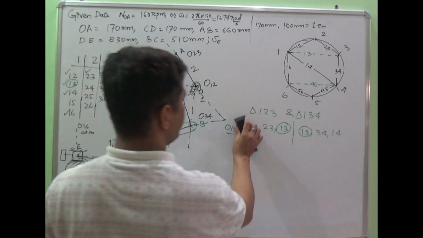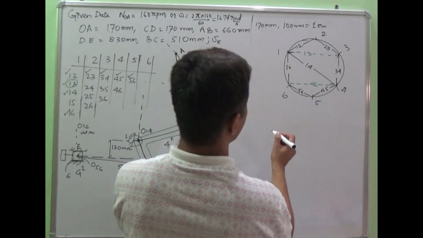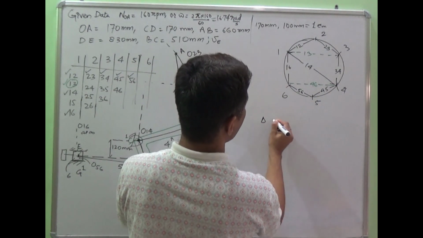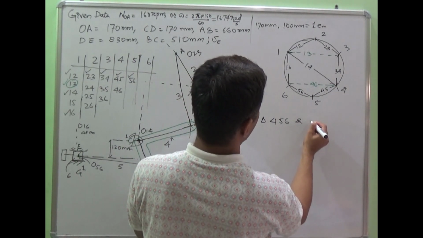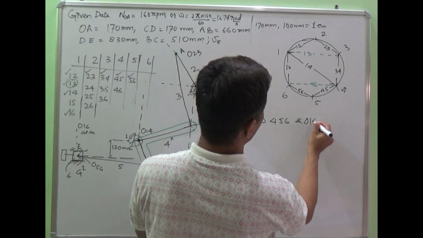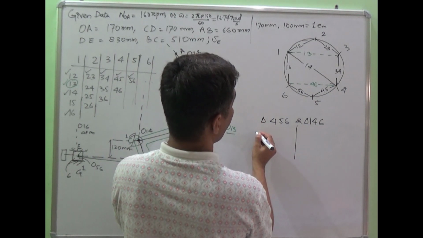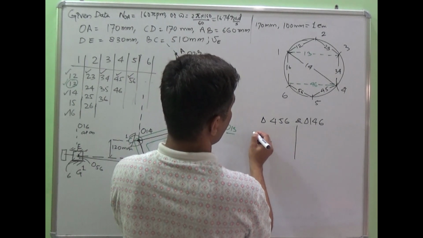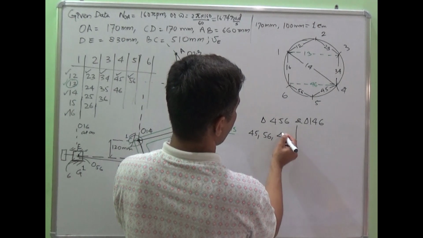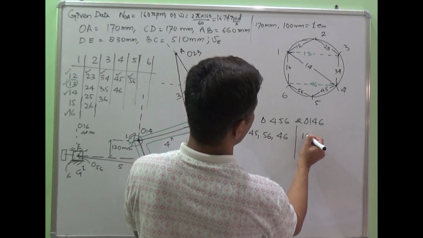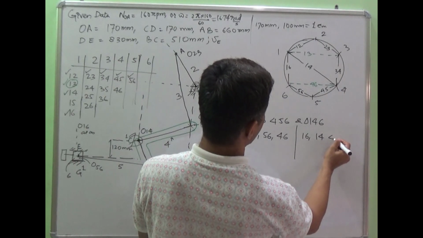After joining 4,6, I can get two triangles: triangle 4,5,6 and triangle 1,4,6. Here in 4,5,6 you have 4,5, 5,6 and 4,6. And here you have 1,6, 1,4 and 4,6.